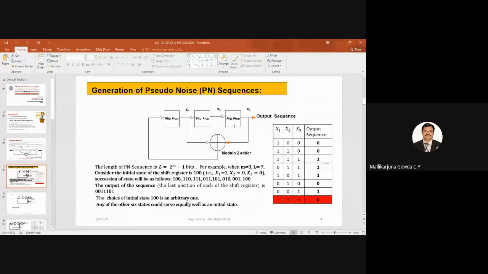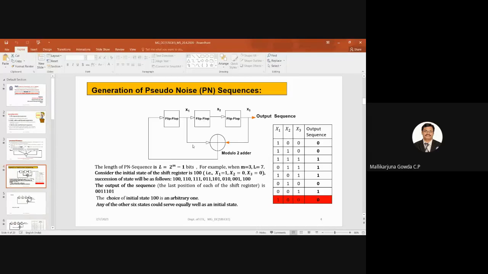Certain assumptions we need to take. We cannot take the initial state as all zeros. If all the flip-flop states are 0, then 0 XOR 0 is 0 only, so it will stay at zeros only and you will not be able to get any other sequence. That is one thing.